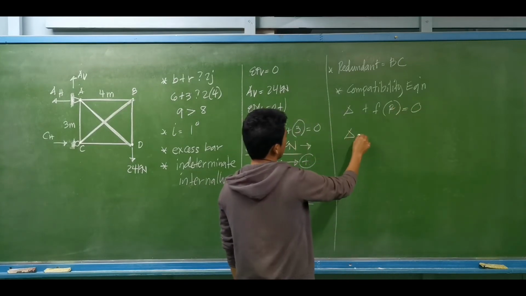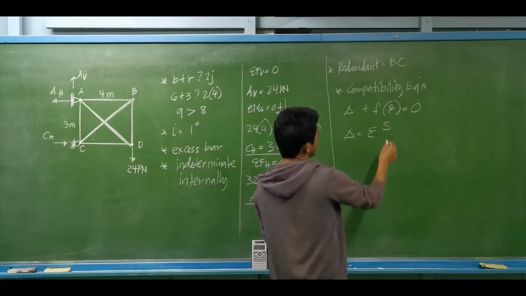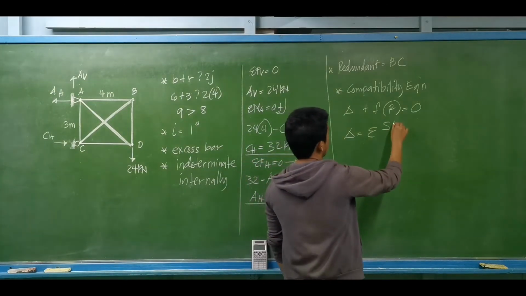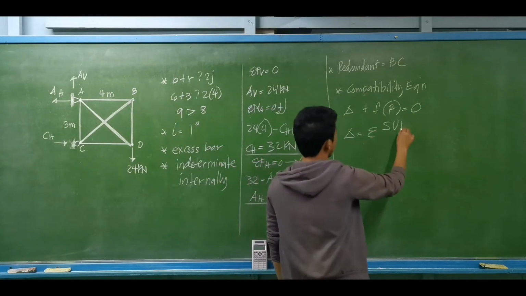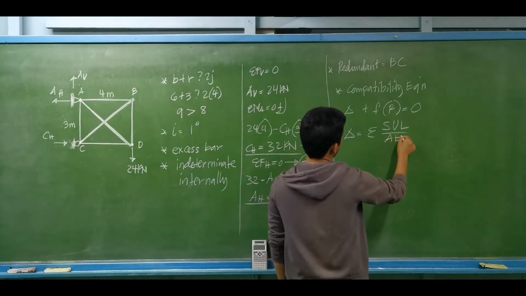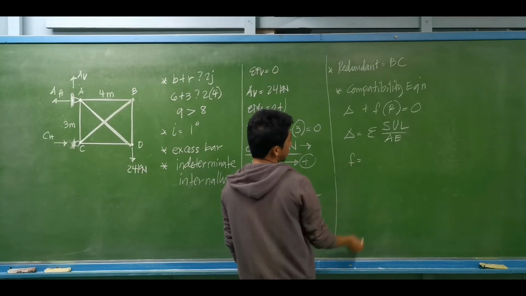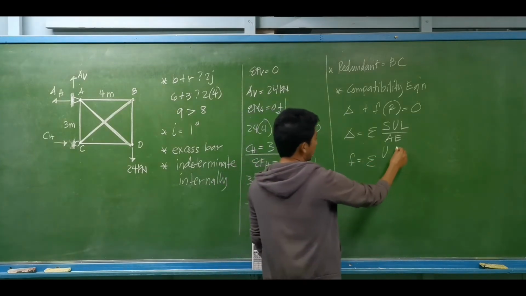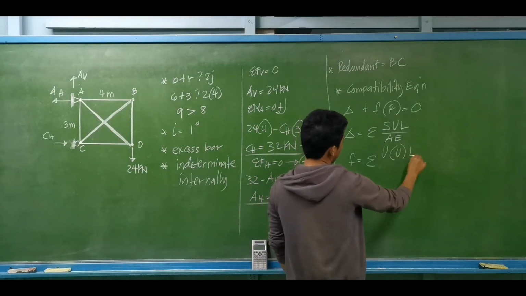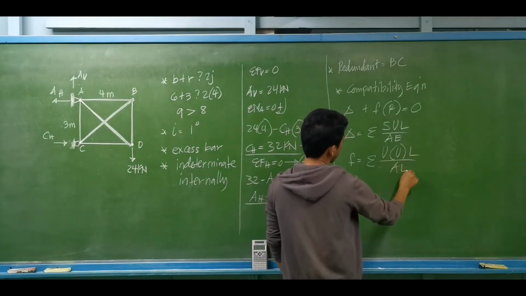Again, delta is the summation of the actual force due to real load multiplied by the actual force due to unit load times the length, divided by AE. And F is the summation of the actual force due to unit load multiplied by the actual force due to unit load times the length divided by AE.